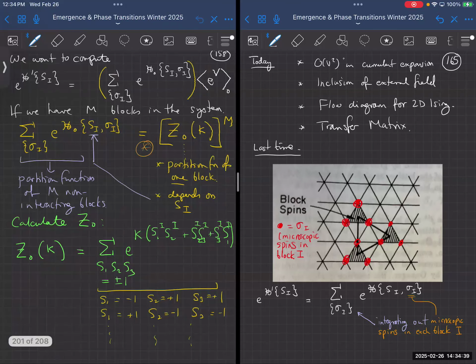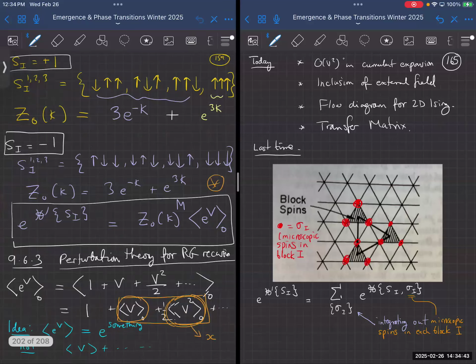We used the cumulant expansion to do that. The cumulant expansion basically was to write the expectation value of e^V as a power series in V, and then resum that series, because ultimately we're going to want to read off the effective Hamiltonian, which comes in as e^H. So we want to take the logarithm of that.